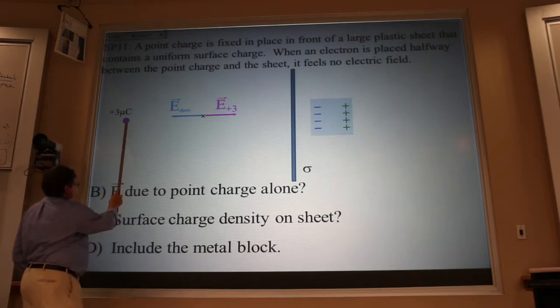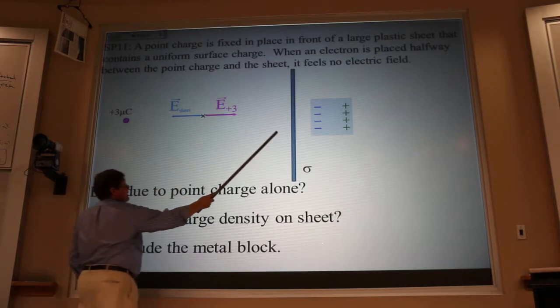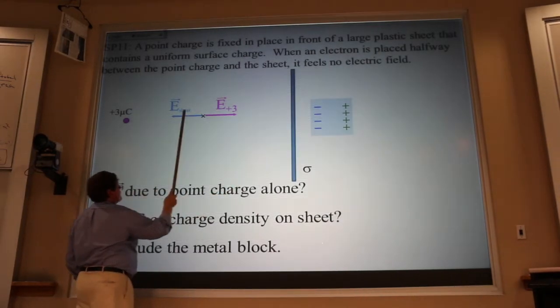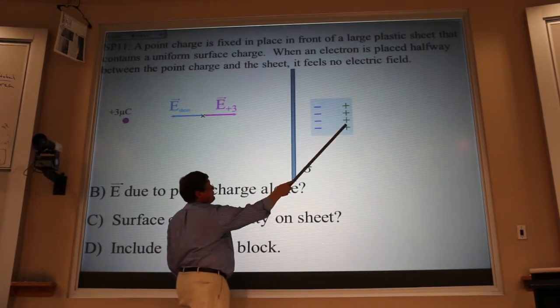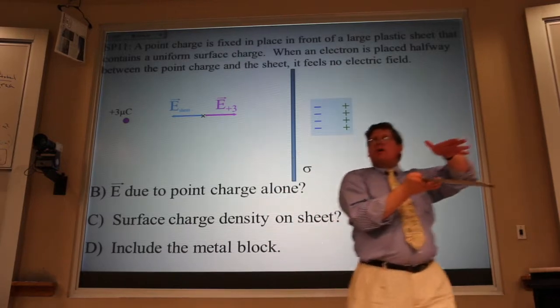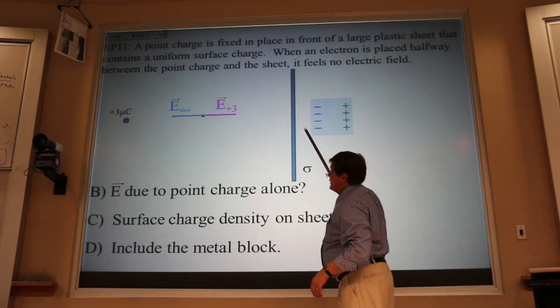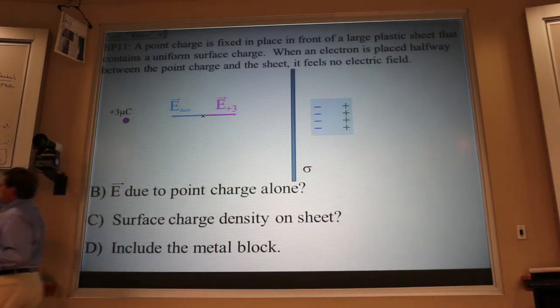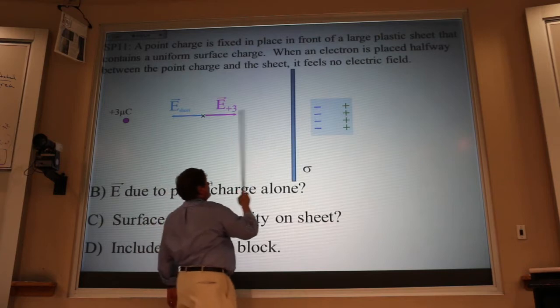I have a contribution due to this point source that's that big. I have a contribution due to this sheet, which is that big. But I also have contributions due to these charges, and this is not a big sheet of charge, this is just a small block. So I would consider this to be more like a point source than a large infinite sheet. And so here, distance matters.